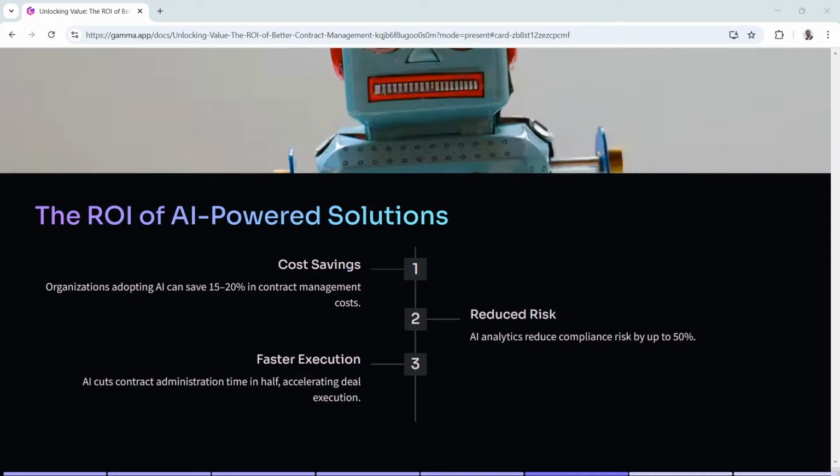We noticed the reduction in risk, with AI analytics reducing compliance risk by up to 50%. Most of that is just because we're highlighting those key compliance items within the contract, coupled with the review period, which helps the paralegal or the legal team get in front of the key pieces that they need to focus on. Again, this is a time savings because most of these contracts are multiple pages, 10, 15, 20 pages.